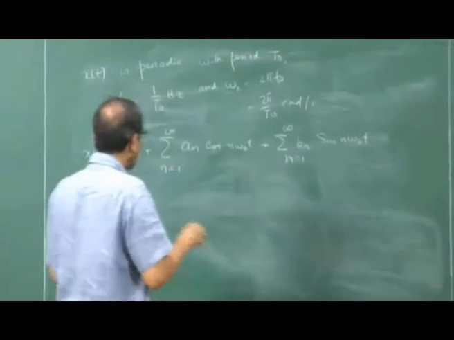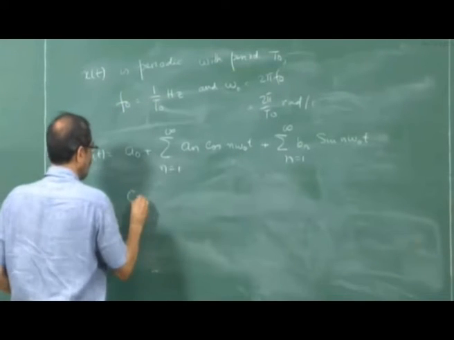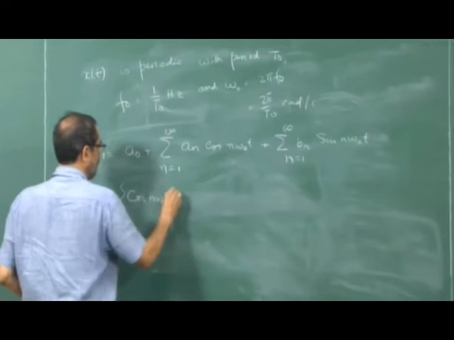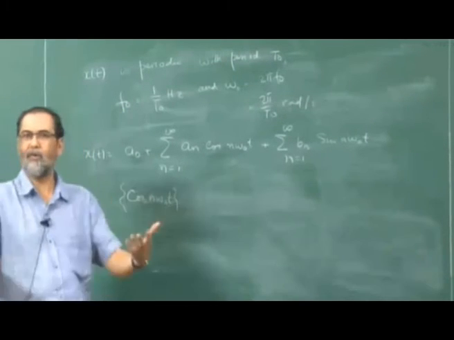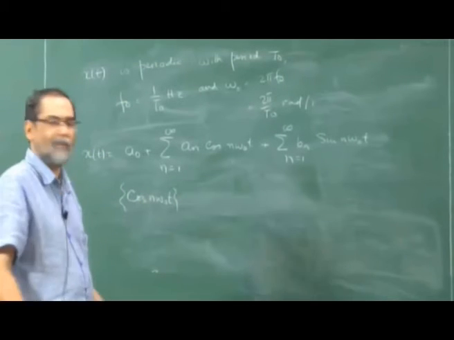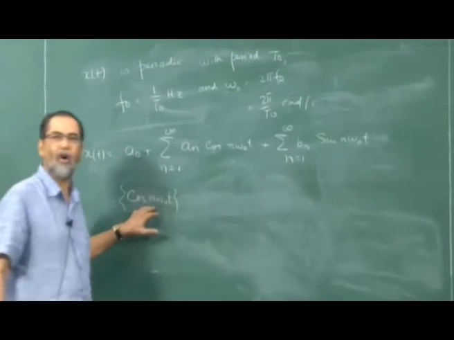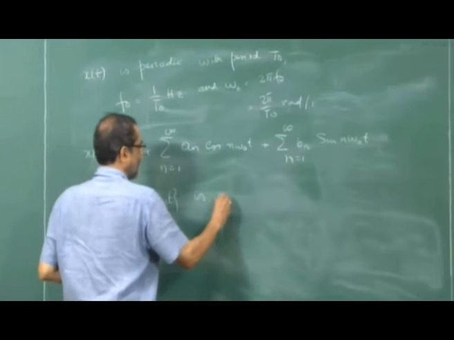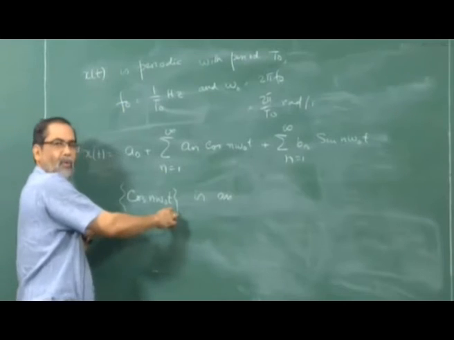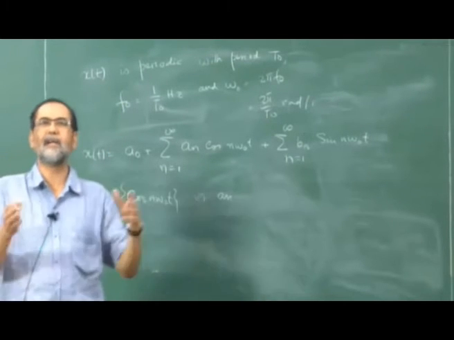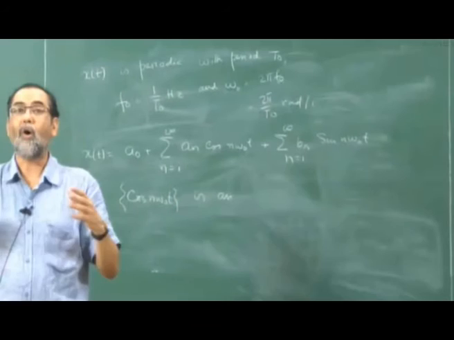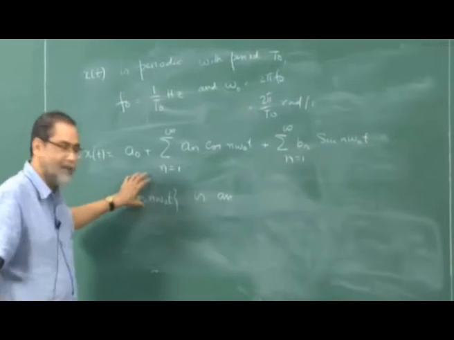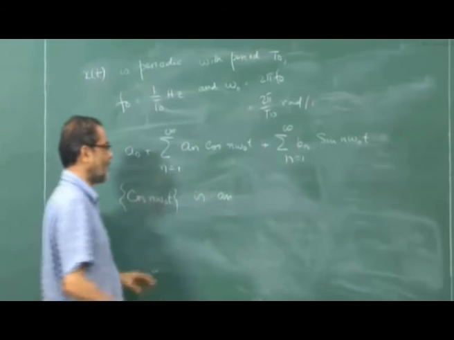In that context, I said that cosine n omega naught t, n equal to 1, 2, 3, 4, up to infinity, is an orthogonal set. Here I put cosine under brackets; it means I'm considering all positive values of n, and that entire set of functions is an orthogonal set.